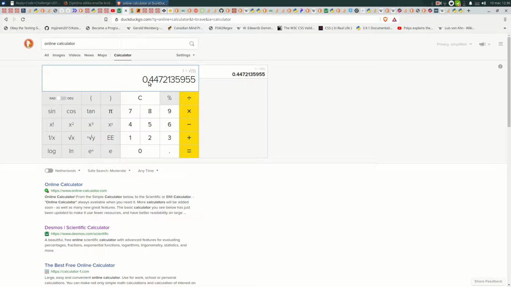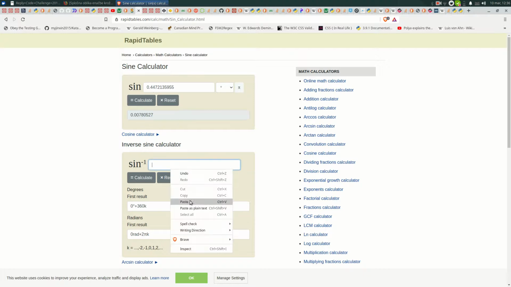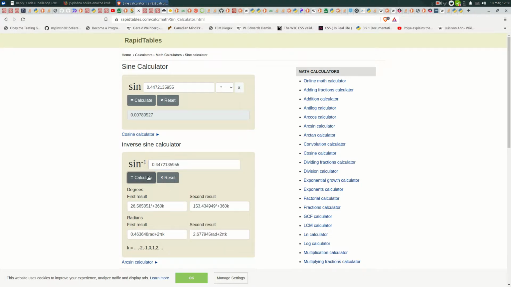That's the number, we just copy that whole number. This is sine of that angle, so that is that. But if we inverse that, that's 26.56 degrees.